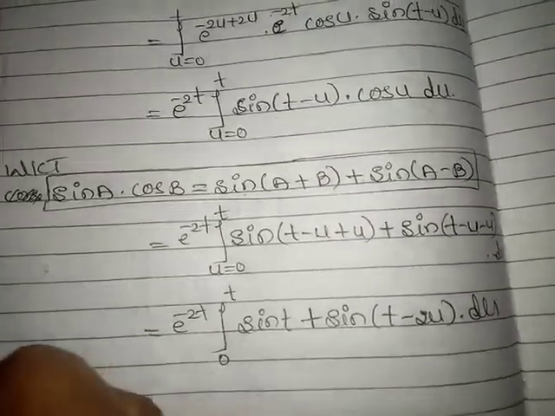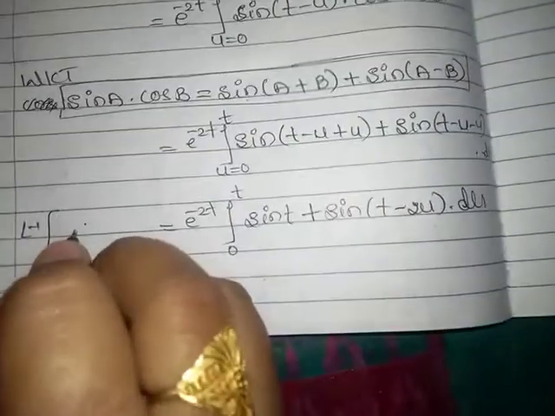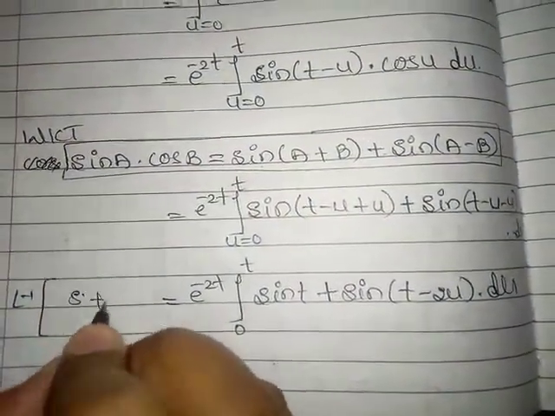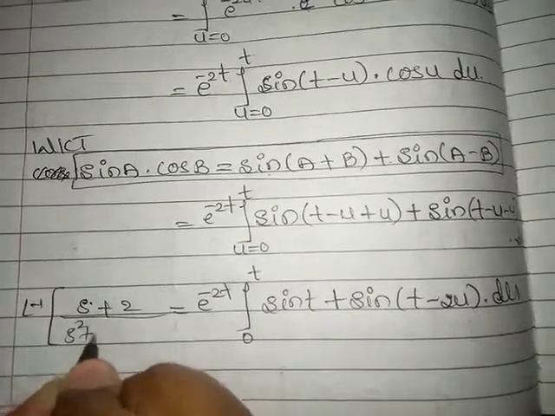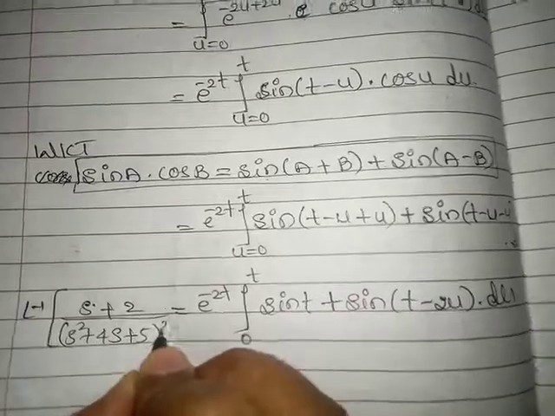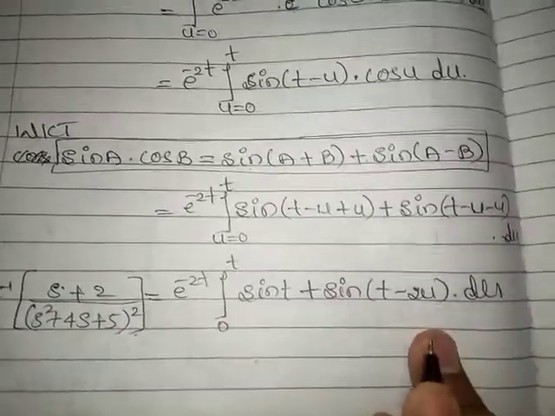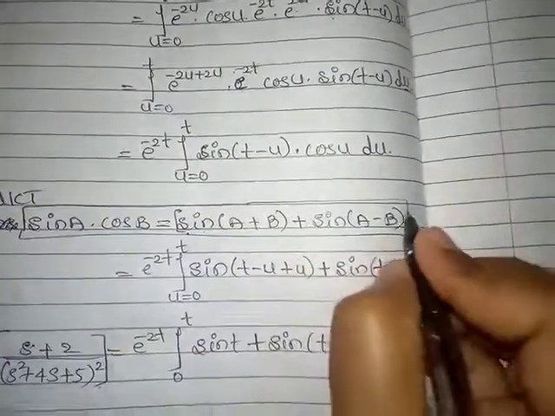This is what we want: L inverse of s plus 2 divided by s square plus 4s plus 5 whole square. Now I will integrate this one. Sorry, I have skipped one thing here.